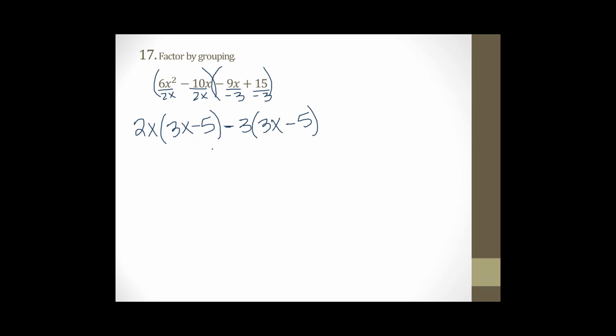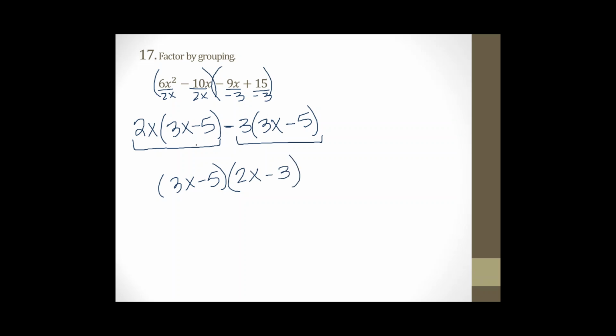So now that we factored out the GCF from each pair, now we're going to write what's in common between both of these, which would be 3x minus 5, and then just write what's left over on the outside, 2x minus 3.